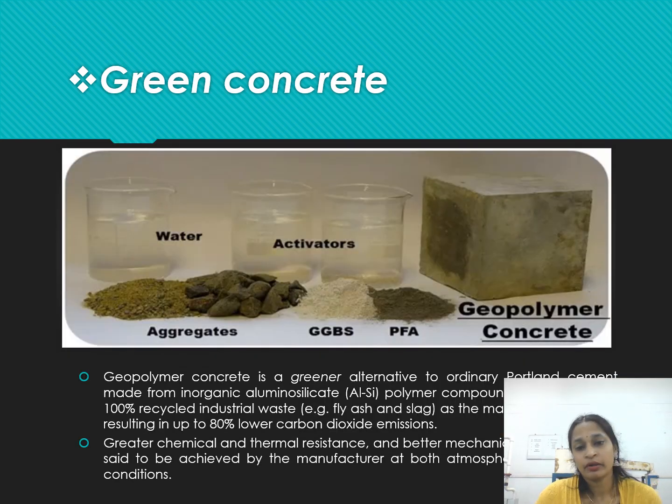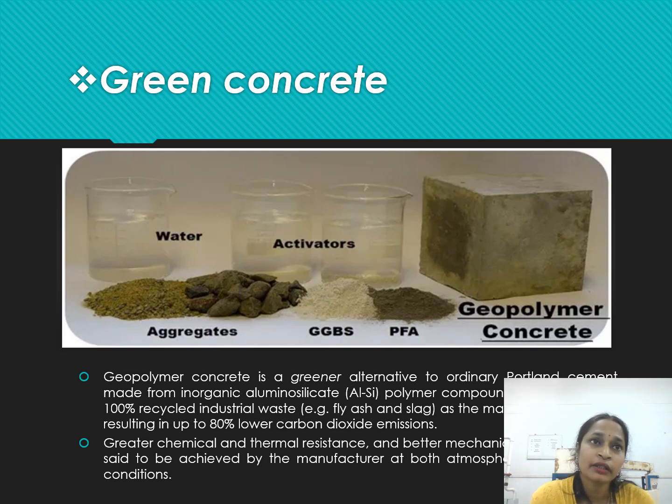Coming to the green concrete. Now, what is this green concrete? As we have already talked about, cement is the most consumed material after food and water, so its third largest consumption is all over the world. We are all dependent on cement, and for production of cement, we are completely dependent on limestone.